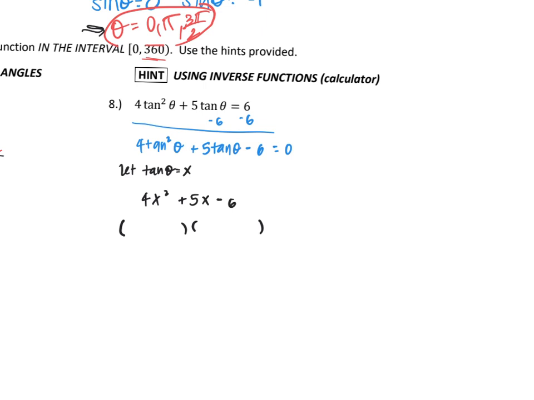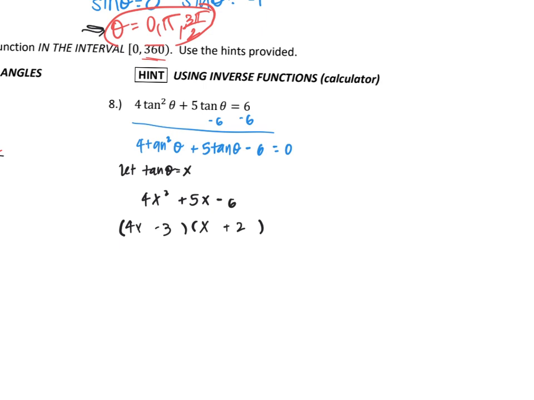How do we multiply it to 4? You could do 2 and 2, or 4 and 1. I'm going to try, well, actually, it's going to work with 4 and 1, but you could try 2 and 2, and then if it doesn't work, try 4 and 1. And then multiply to -6, add to +5. Well, if I do a 2 right here, that'll be 8, and then I can subtract 3 to get 5.